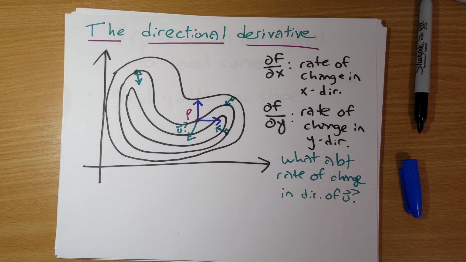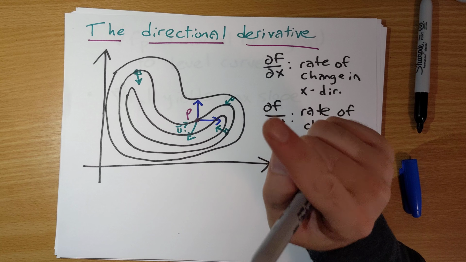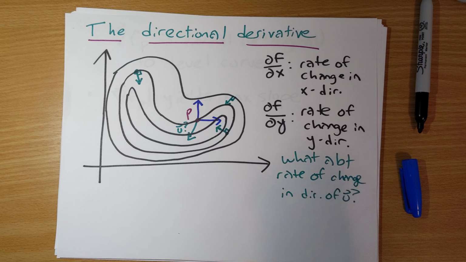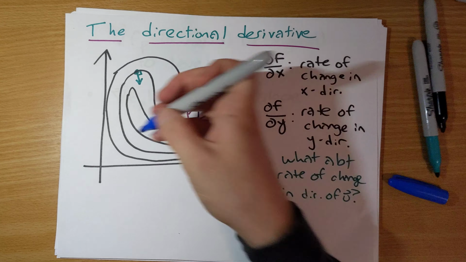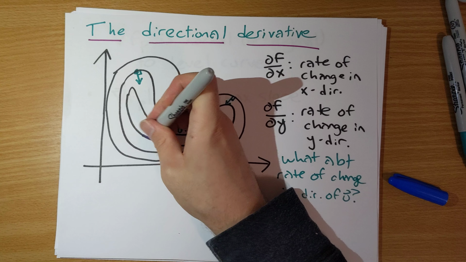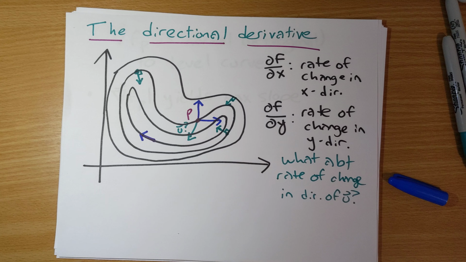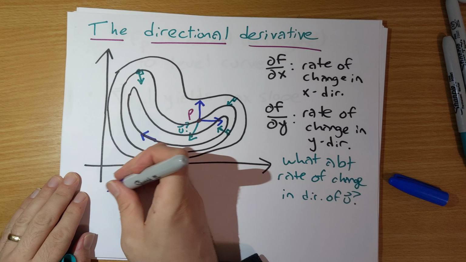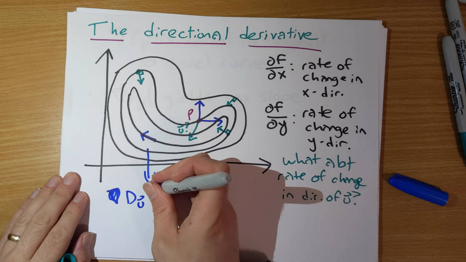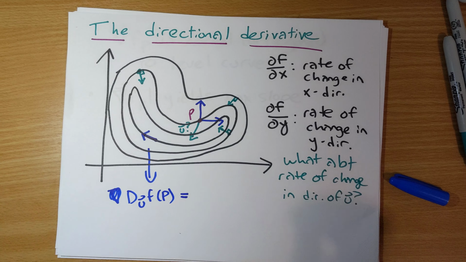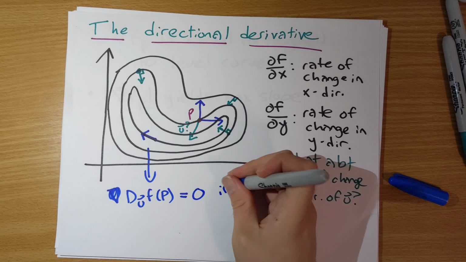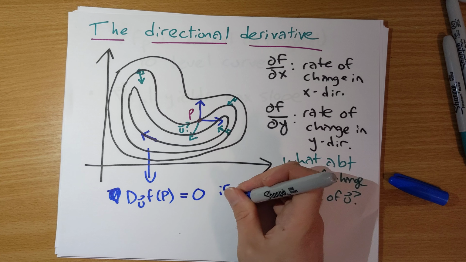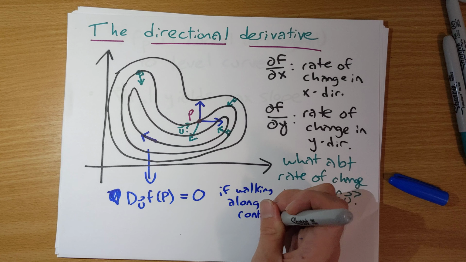And if you want a formal proof of that, say you're walking along a level curve. Let's say that you're right here and you're walking in the direction of that level curve. If you're walking along the contour, your height isn't changing. So in this example, D_u f of P would be 0 if walking along the contour.